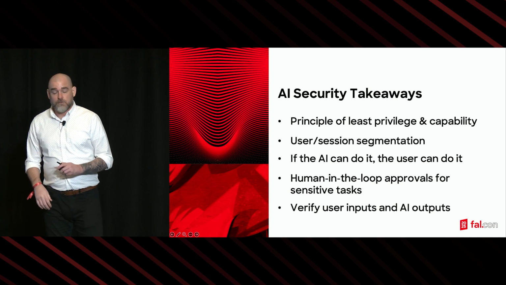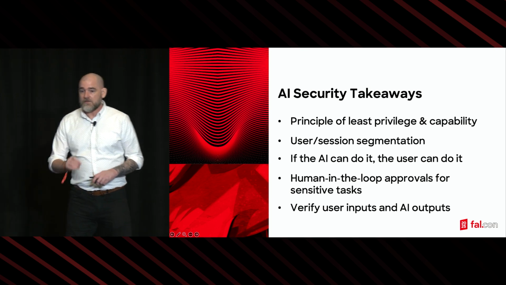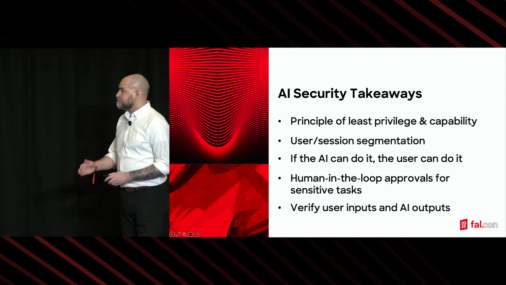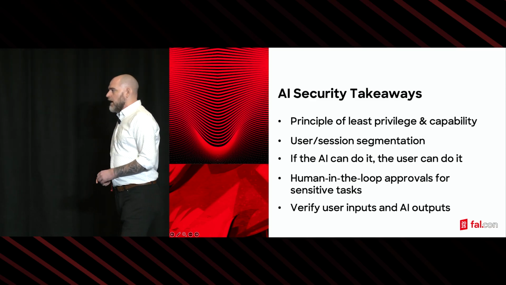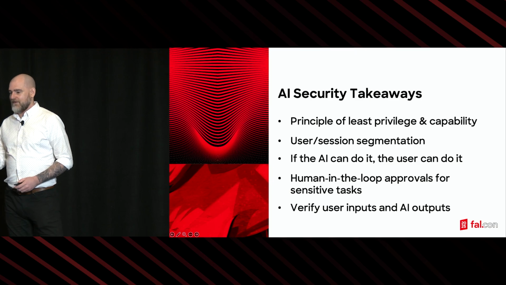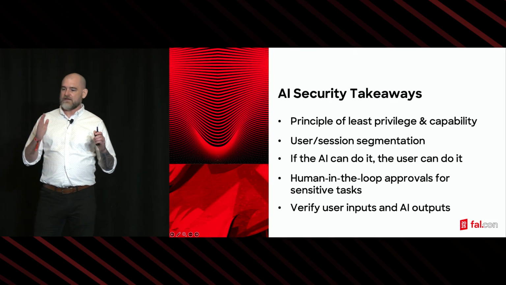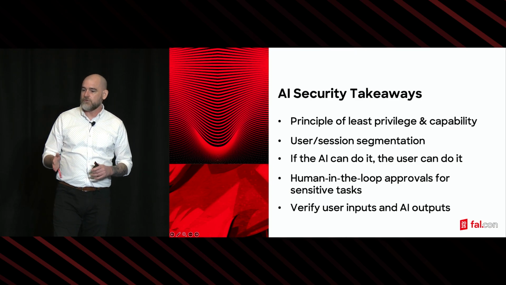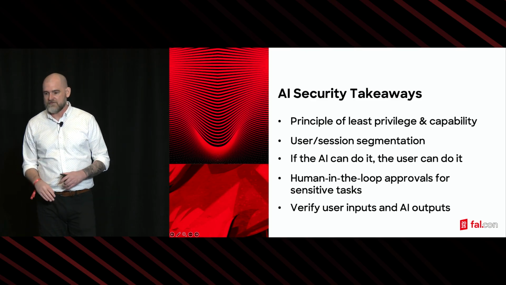Always remember, if an AI can do it, a user can do it. If an AI can know about it, the user can know about it, period. User and session segmentation, especially with RAG: you should never, ever have the user be able to affect anything outside of whatever that boundary is, whether it's user or company or whatever your use case is.